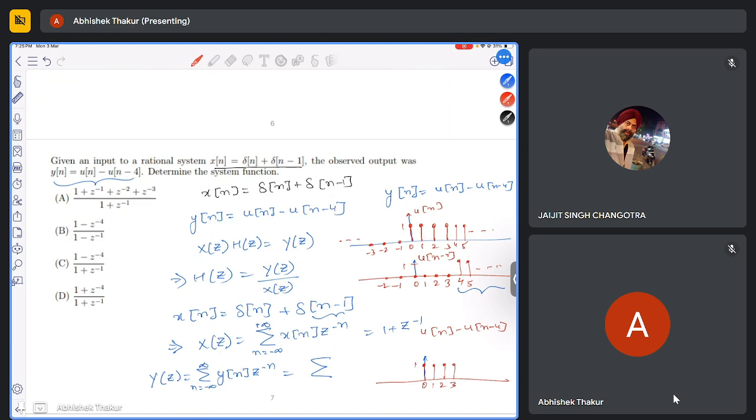So this is our y of n, that is equal to u of n minus u of n minus 4.